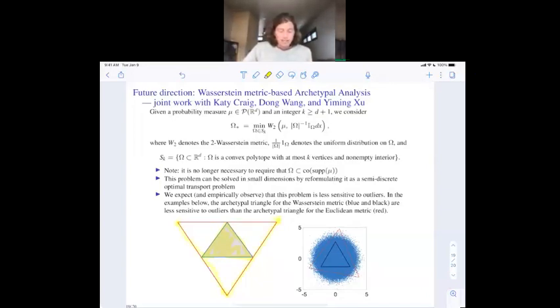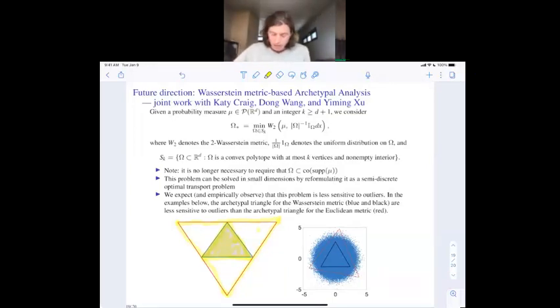But the red triangle is not going to be optimal for the Wasserstein metric, because it would have to pay a lot to transport mass from the bulk to points in the red triangle where there are no points. So the blue triangle will be nearly optimal for the Wasserstein metric. You see that play out here in a numerical example.